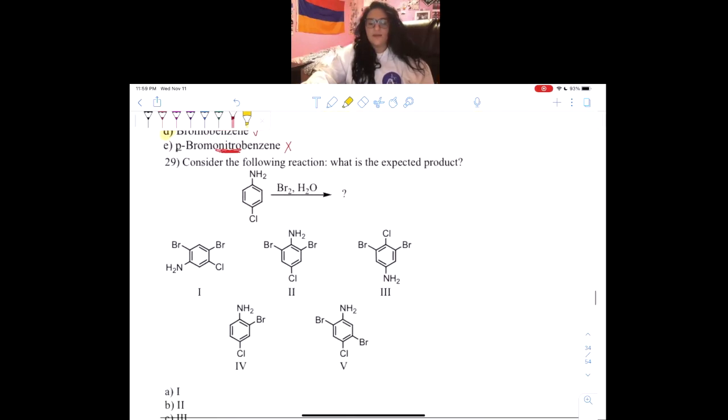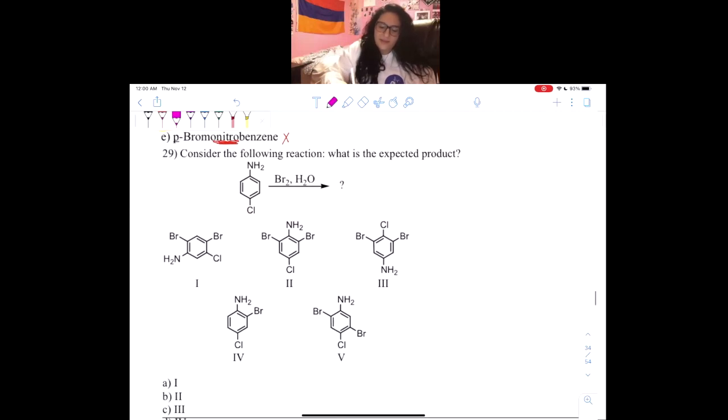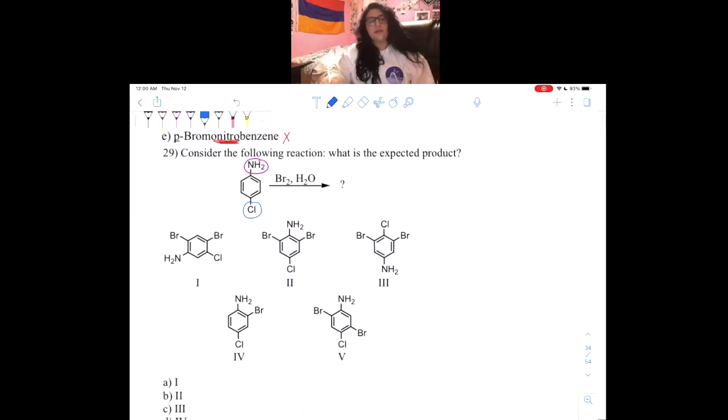For number 29, we actually have two substituents on the ring, and we want to do another substitution reaction. So we're going to go ahead and pick between NH2 and chlorine to see which one is the strongest activator. We know that chlorine is an ortho-para director, and it's a weak deactivator.